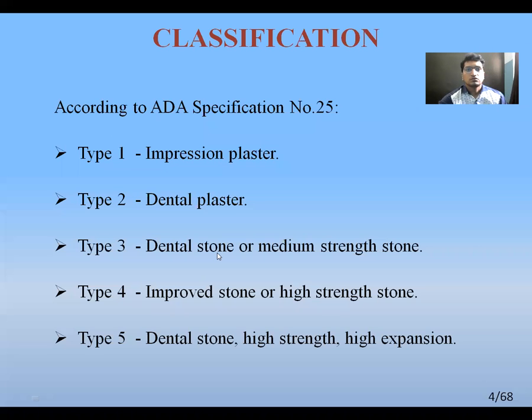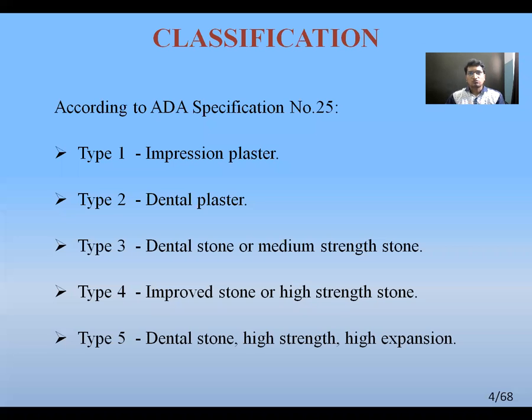According to classification, it is given by specification number 25. Type 1 is impression plaster, type 2 is dental plaster. You always get confused between type 1 and type 2. Type 1 is impression plaster, and type 2 is what you use in the lab.